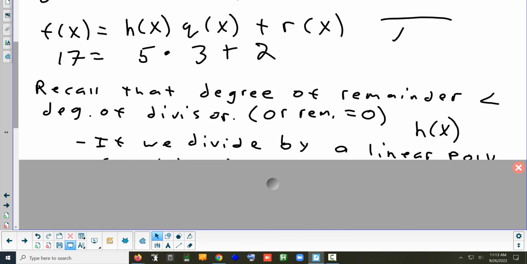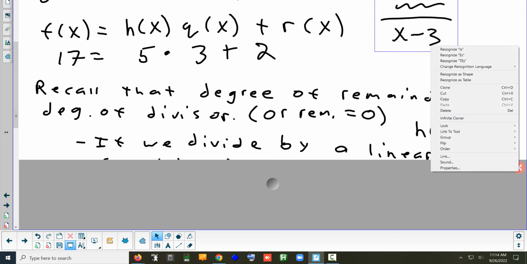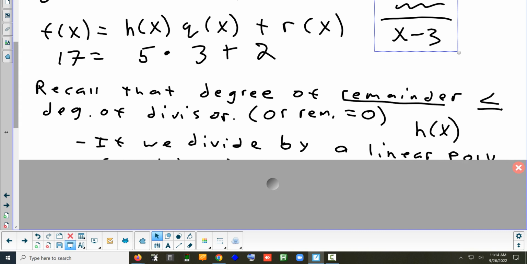So if you divide it by something linear, what's the degree? Doesn't matter what's in the top. What's the degree of something linear? 1. Degree 1. So if you divide by something linear, the remainder has to be smaller than that. What's smaller than degree 1? Degree 0.